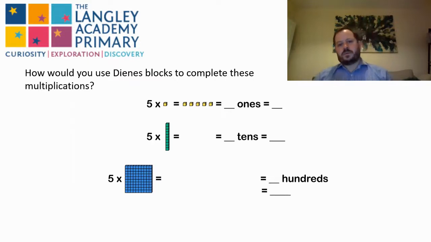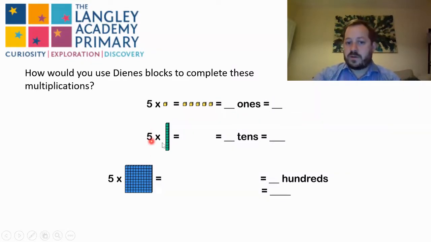Okay, so this is quite an easy way to show how, when you're timesing by tens or hundreds, why it does what it does. So first one we've got 5 times one block. So at this point, we gather 5 one blocks together, and the total we have is 5. So we'd have 5 ones, which equals 5.